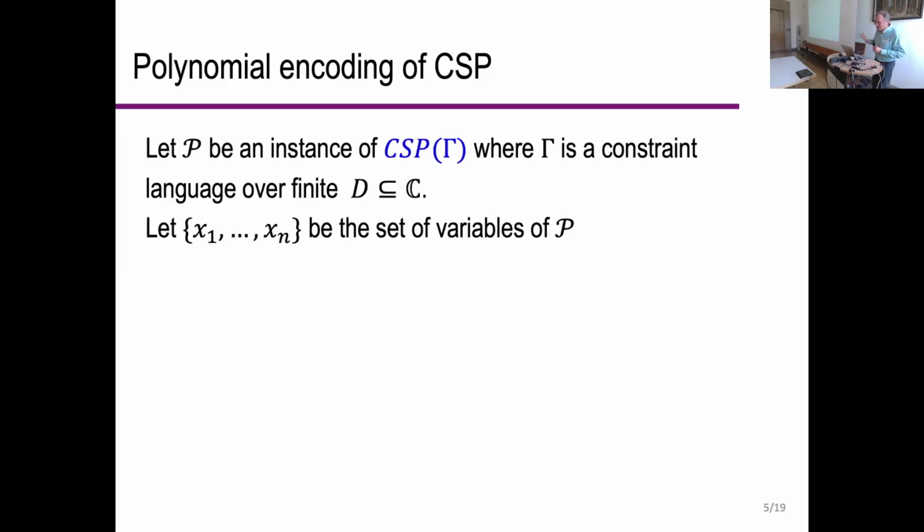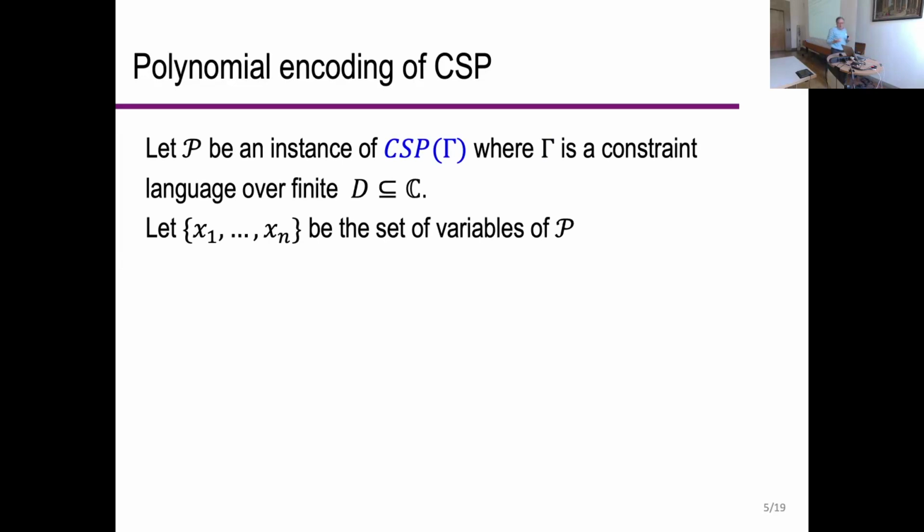How do we represent any predicate as something less concrete? Suppose we have a constraint language, gamma. It's a bunch of predicates, relations over some finite set.